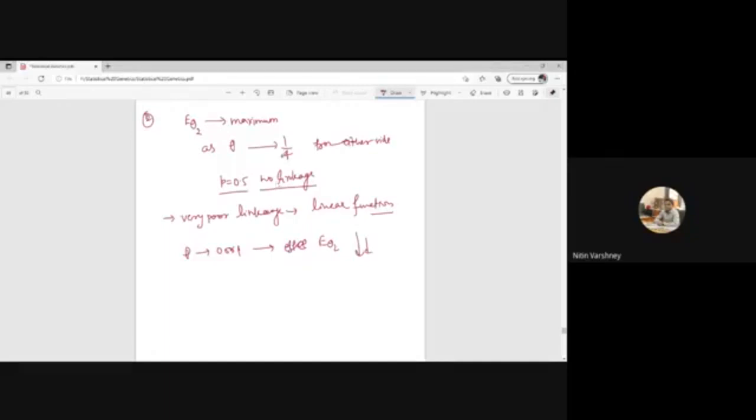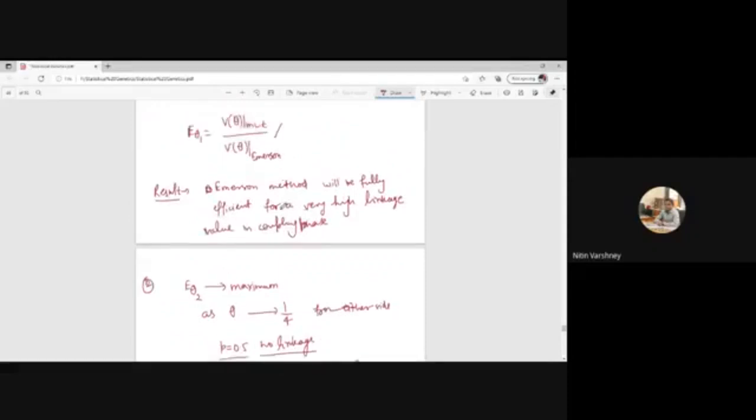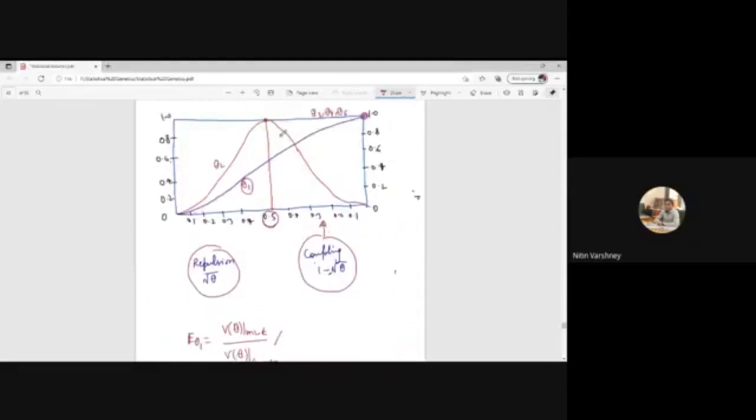And the immersion method will be fully efficient when there is high linkage in the coupling phase. So from this graph, questions can come of this type: in which condition which method is efficient. Any doubt, you can ask me.